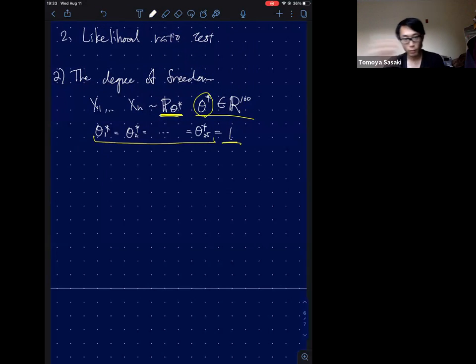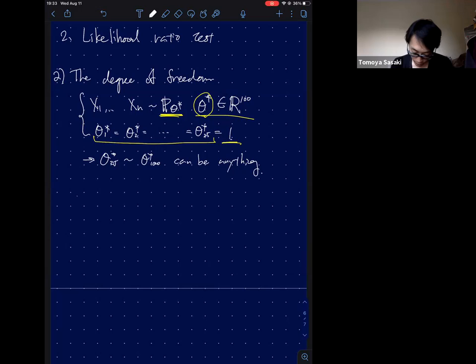The other way around, this is saying that theta 25 to theta 100 can be basically anything, or we're agnostic about it. And this is also the way to think about the degree of freedom in general.